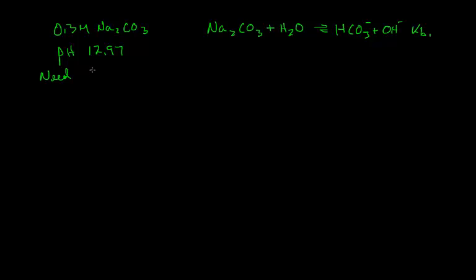Ultimately we need the concentration of CO3 2 minus. To get that, what we're going to need is the pKa, because we're going to use the Henderson-Hasselbalch equation, which, if you remember, is pH equals pKa plus the log of A minus over HA, to answer this question.